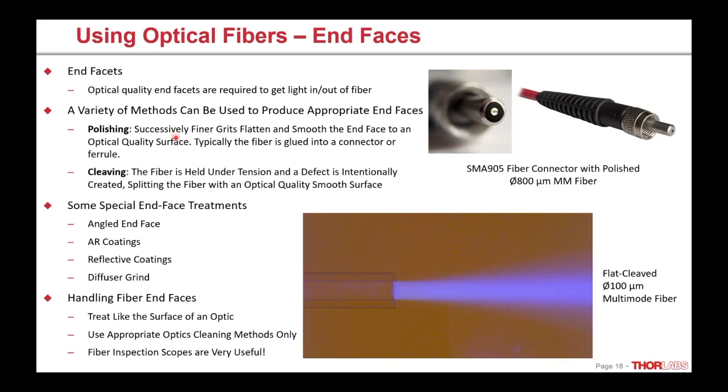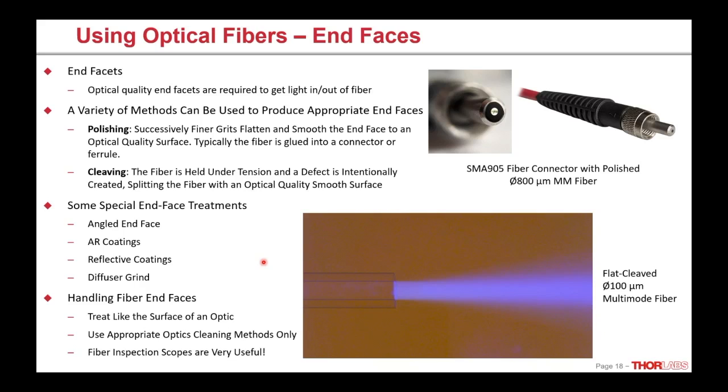In addition to polishing versus cleaving, there are also some special interesting end face treatments that can be used. For instance, we can angle the end face. That way any Fresnel reflections will not be coupled back into the fiber. We can add AR coatings for fiber to free space applications or other things like reflective coatings for certain applications.